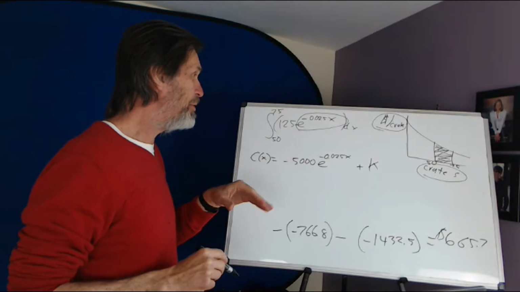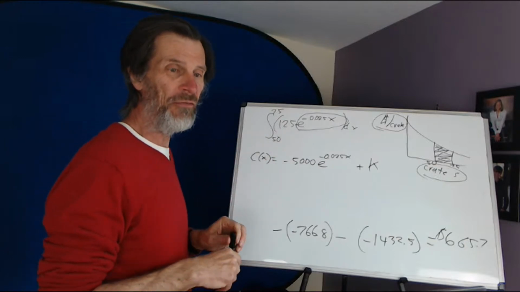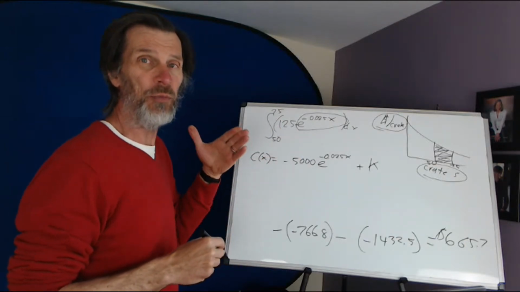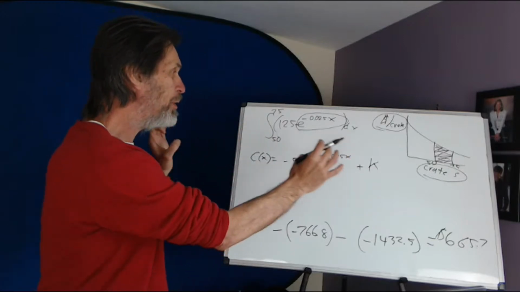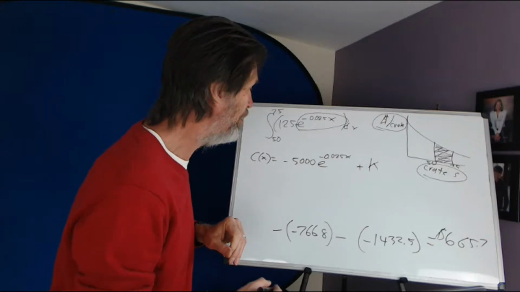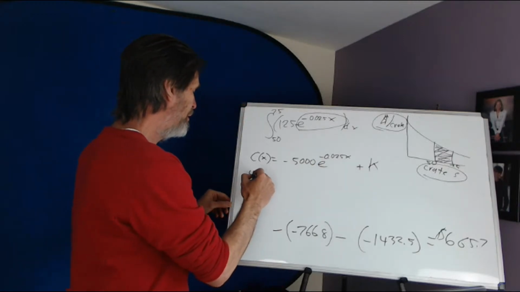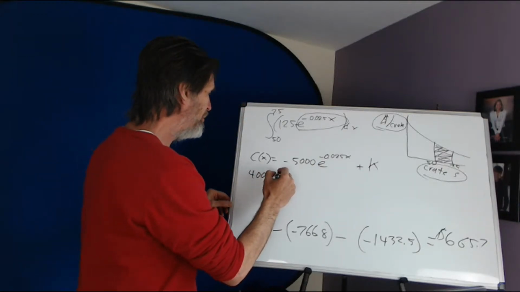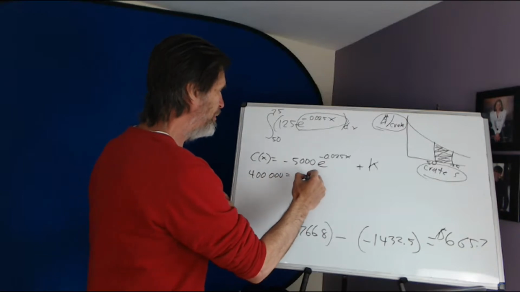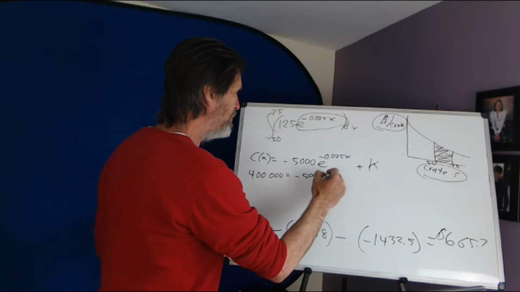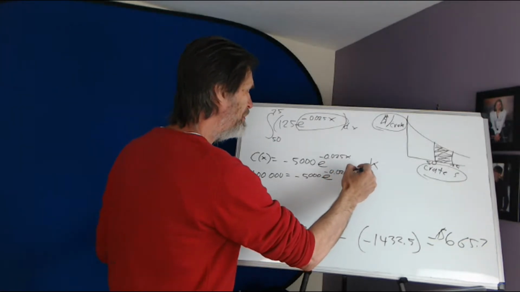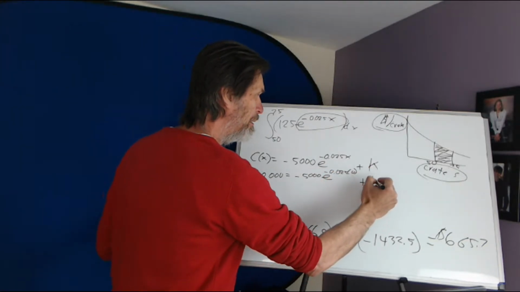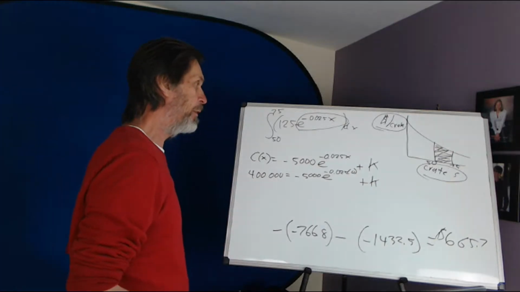Given this initial condition, the fixed cost is what it costs to produce 0 units. So if I plug in 0 here, the total cost should be $400,000. So $400,000 is equal to negative 5,000 e to the negative 0.025 times 0, plus k.